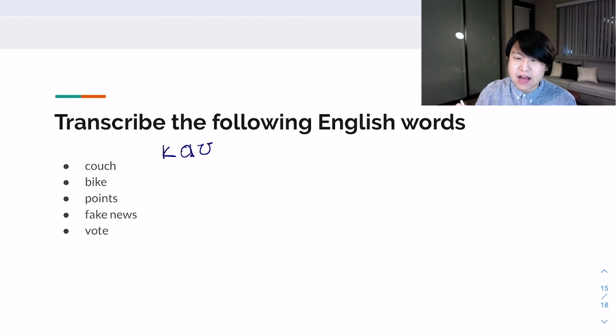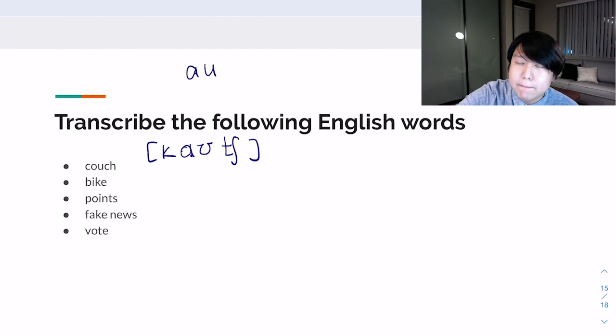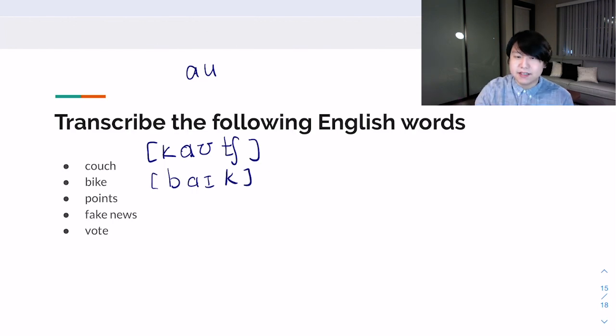The diphthong starts with a and ends with a lax vowel u, not a full u sound. The ending sound is an affricate ch. So this is couch. Bike is b, I, k.